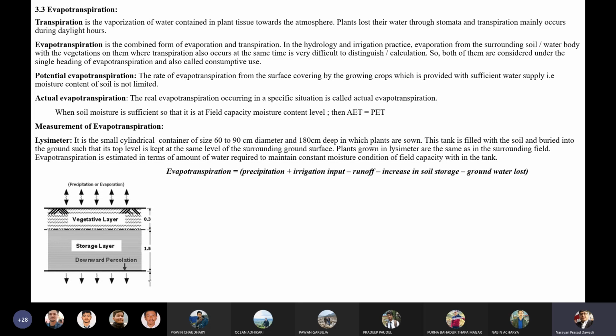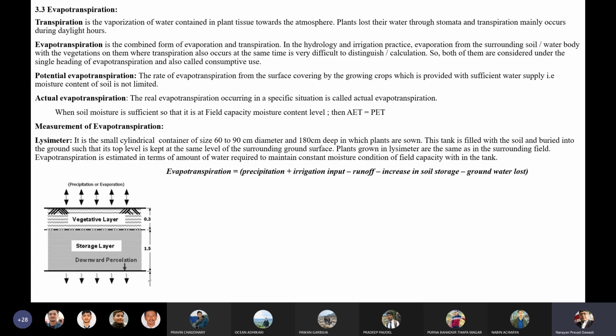That is, the moisture content of soil is not limited, because irrigation is sufficiently provided to the soil, so that there is no deficiency of soil moisture. And from such soil and the growing crops, the evaporation and transpiration is called the potential evapotranspiration.